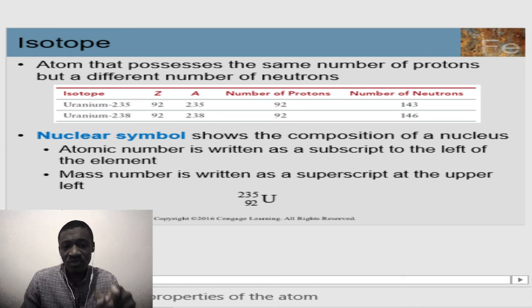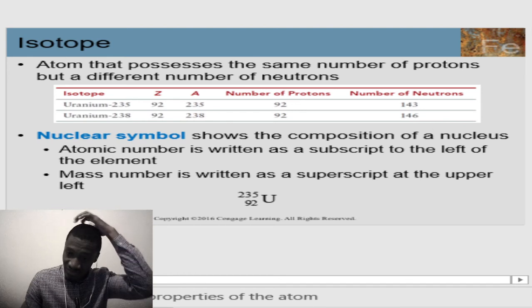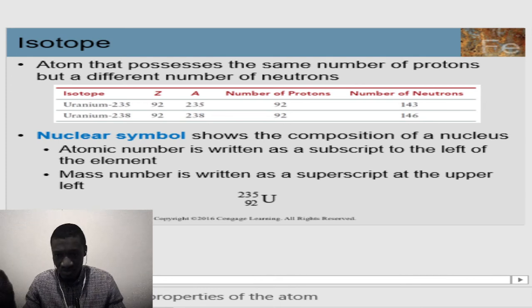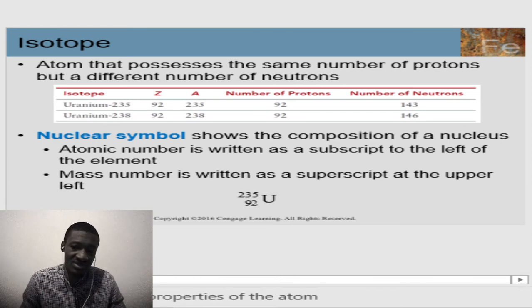So we go to what we call the nuclear symbol. In the last lecture, we talked about atomic symbol, but now we'll look at nuclear symbol. Note the word nuclear has to do with the word nucleus. So it means that you're now adding the contents of the nucleus to the atomic symbol. That is basically what it is.